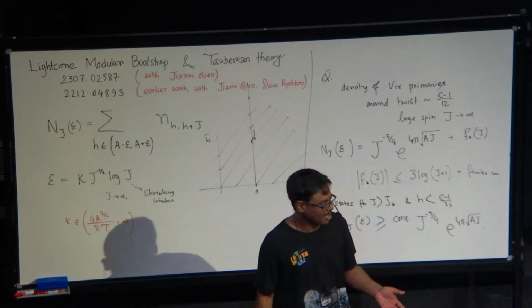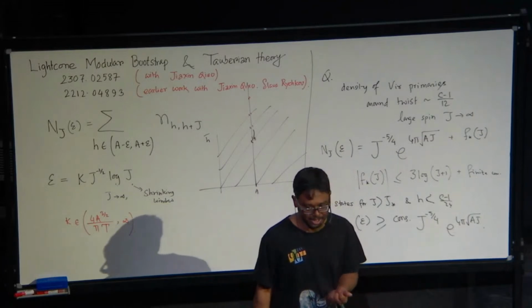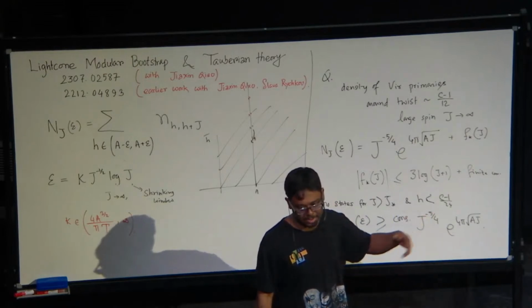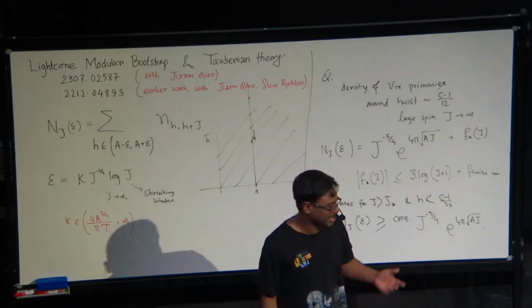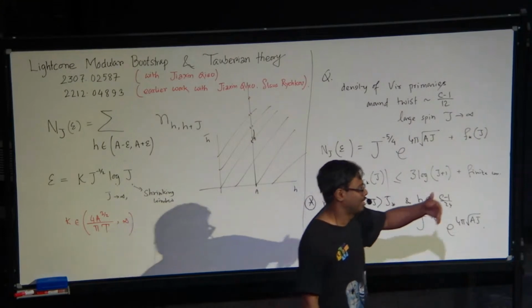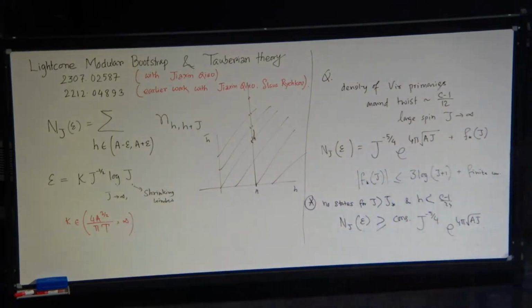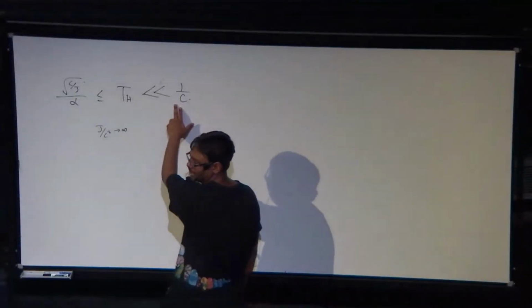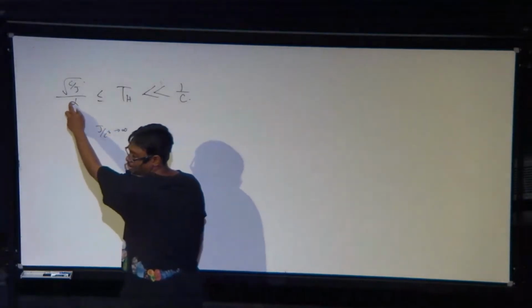Then there is another paper by Ghosh, Maxfield, and Turiaci where they claim that this is not the case. You can make it smaller as long as you take care of all the contributions on the CFT side. Our version is a more precise and rigorous version of this statement: you can make the temperature much smaller than 1 over c as long as it also satisfies this bound.